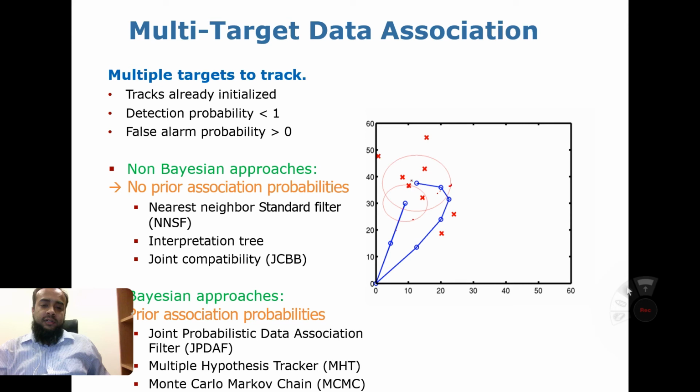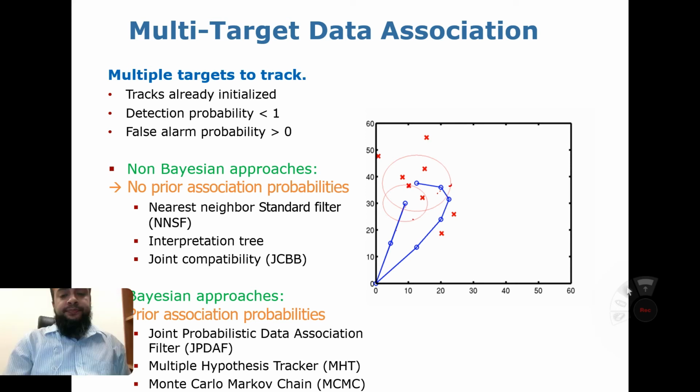So they can collapse because of miscorrelation. Track 1 can also steal the measurement from track 2, always trying to switch the measurement between the two tracks, or multiple tracks.